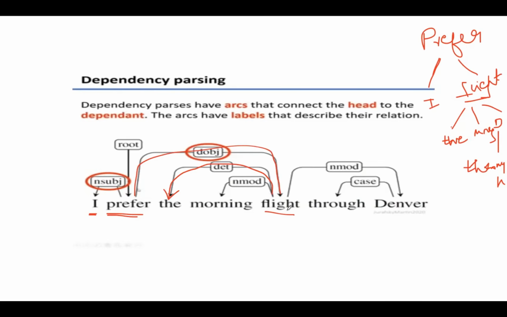The is determiner for flight. And morning, nominal modifier, morning flight. And Denver, from flight, again nominal modifier, Denver. From Denver, the dependent node is through. How are we going? Through Denver. So this is how you need to draw the dependency parse tree.